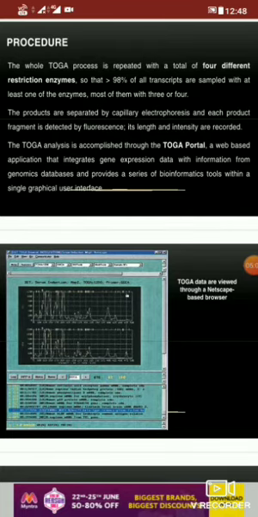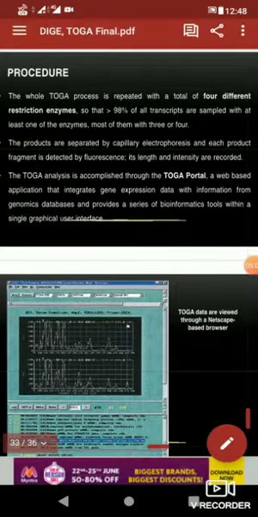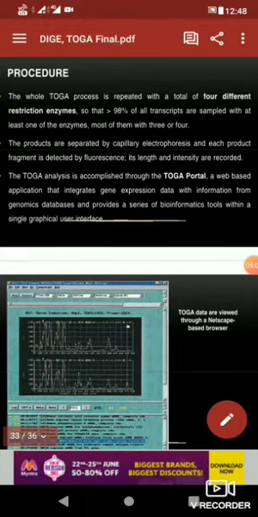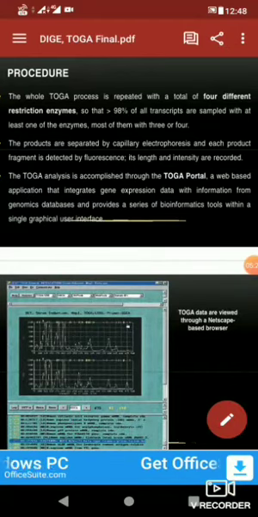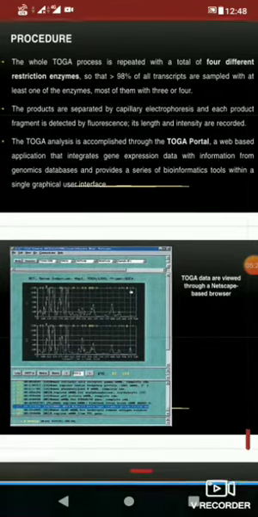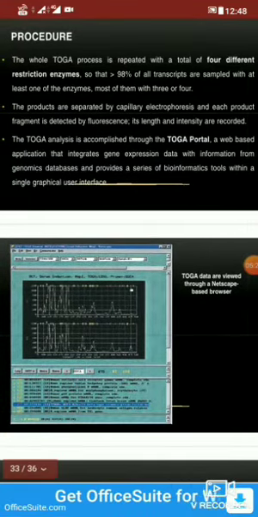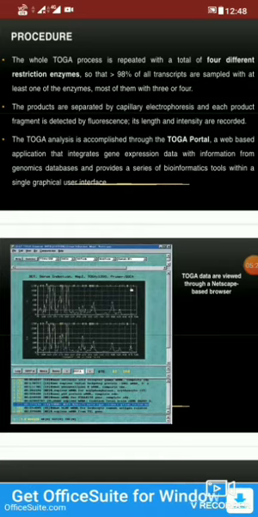And usually TOGA is not carried out with only one type of restriction enzyme. Usually 4 different restriction enzymes, each containing a unique 4 base pair recognition sequence, are used. If an mRNA does not have a restriction site for one restriction enzyme, it might have it for another.